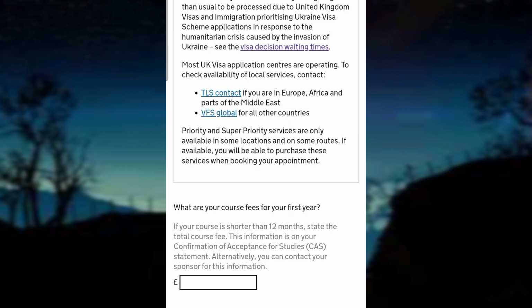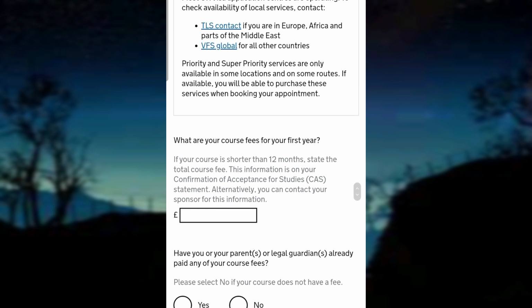Don't put the total amount for the 2 years or 3 years course that you're doing. What you're asked is for the first year. Just put the amount here, and if you're doing a 1 year course, of course that's 12 months, you also put the total fee. But the question says to put your course fees for your first year, so just ensure you put the right amount here because this question directly or indirectly will affect your POF calculations.